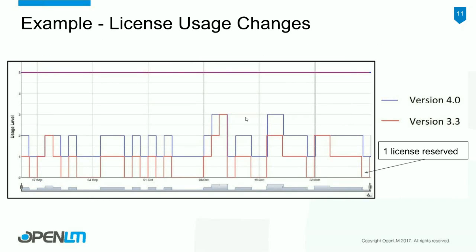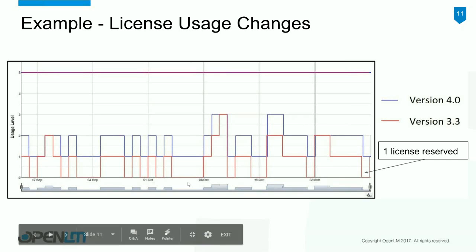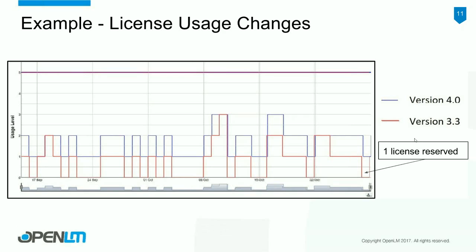Now, you can see here, first of all, two colors. We have the blue line and the red line. The red line is version 3.3 and version 4 is the blue line. So as you can see, the blue line starts off from 1 because for this period it had a reserved license. But version 3.3, you see it start off from 0. The reserved license is not taken into account.